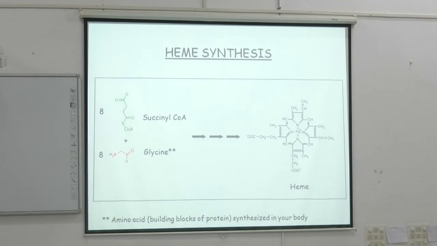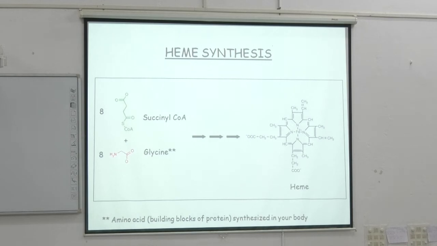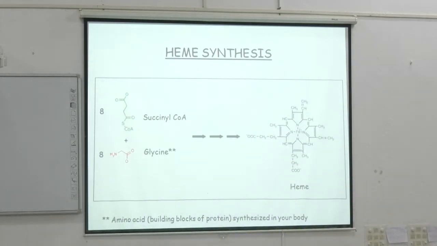There is still a way to write about that metabolic pathway which should at least fetch you 60% marks. First, write where it actually takes place. What are the precursors? What are the end products? Which is the most important rate limiting enzyme? And finally, 1 or 2 lines about its clinical implication, and that will evidently fetch you 60% marks minimum.